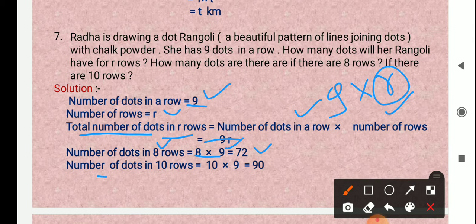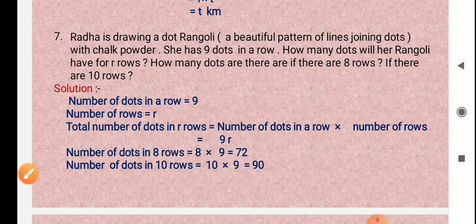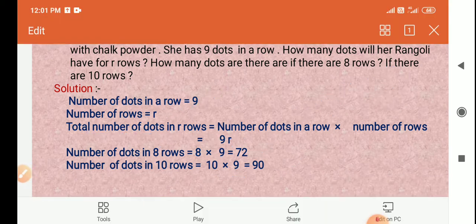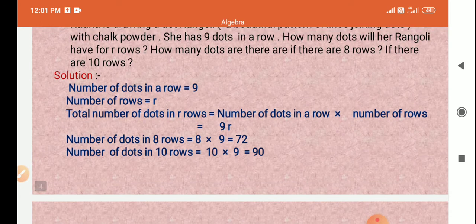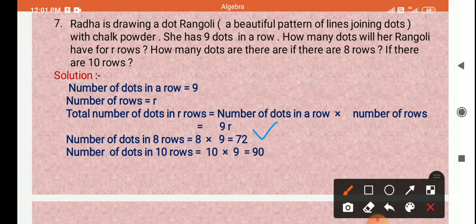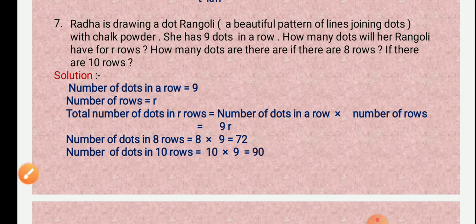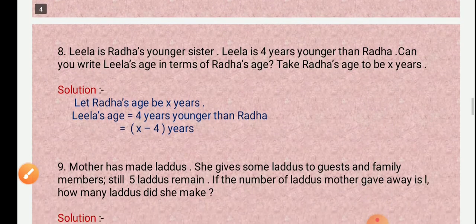So here number of dots in 10 rows. So here number of dots in a row are 9 and number of rows are 10. So 10 multiplied by 9, 10 9s are 90. So see students, here number of dots in 8 rows are 72 and number of dots in 10 rows are 90. Now let's see next word problem.